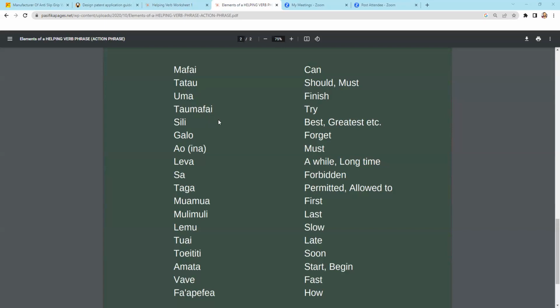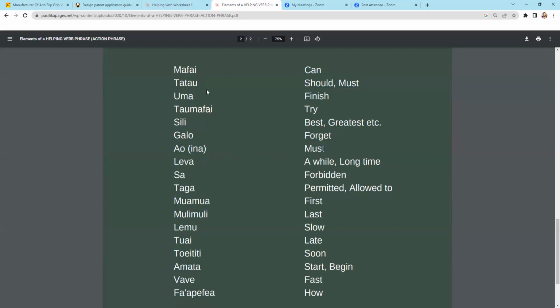'Taumafai' is try. 'Sili' is best or greatest. 'Ngalo' is to forget. 'Aua' is must. This one is a little different than the rest of them, but for the most part, the rest of these are just going to have 'ona' after it.